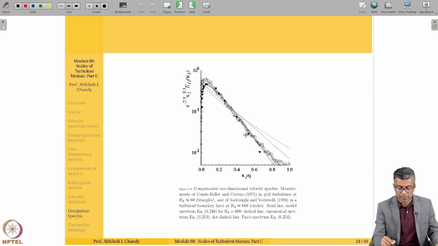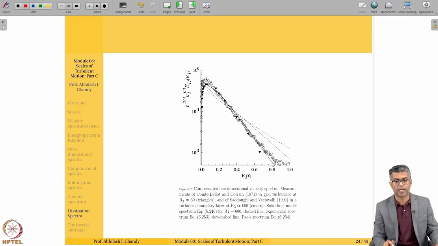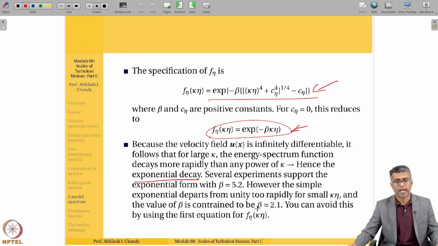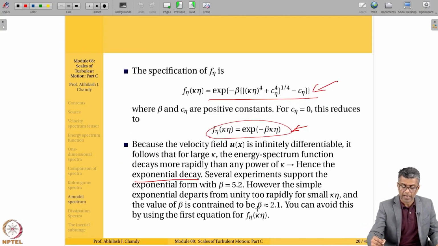These are the only two data sets shown here. There is a single solid line that represents the model spectrum at R lambda equal to 600. And then there is a dashed line and a dash-dotted line, which are the exponential spectrum and the power spectrum. What do I mean by that? I have to go back here and look at this, your exponential spectrum, and this is your power spectrum.